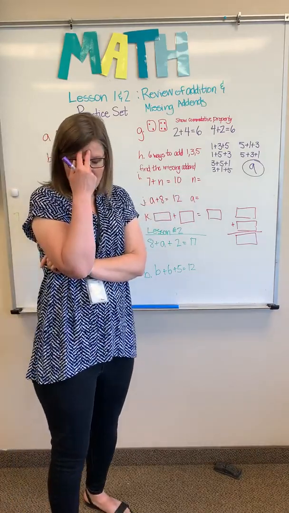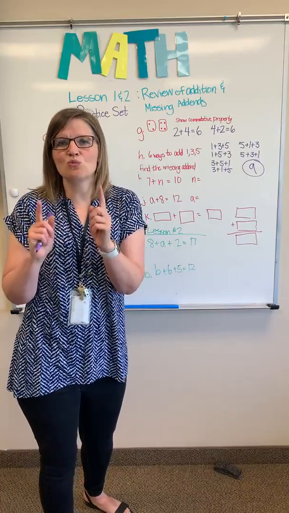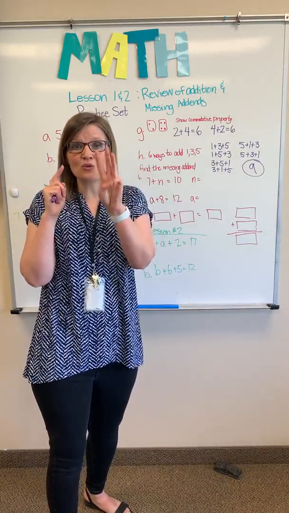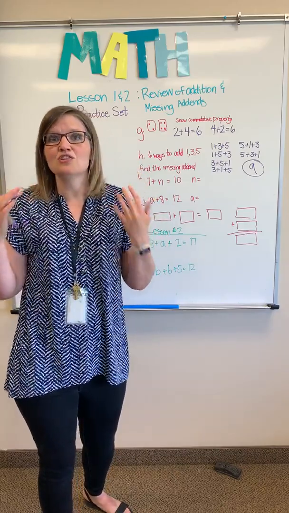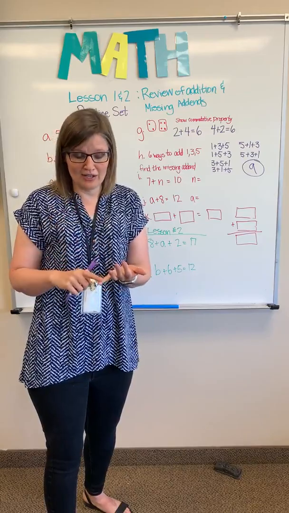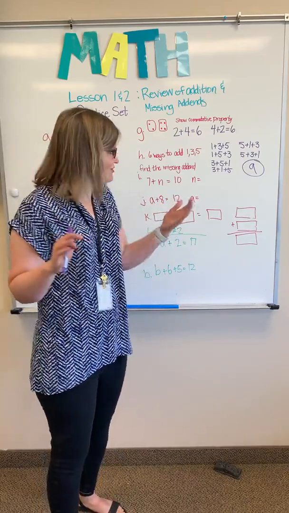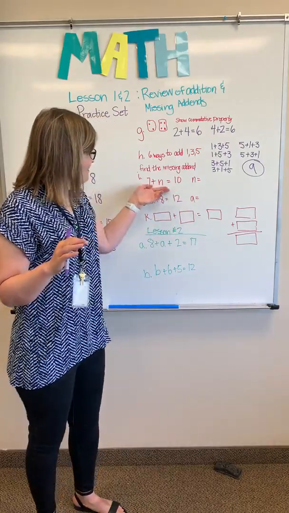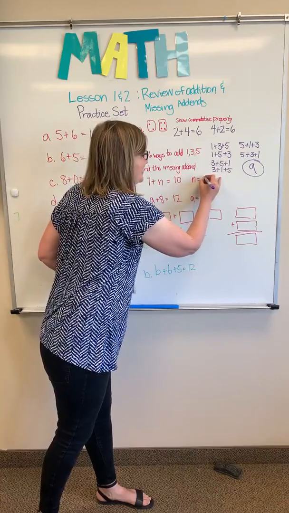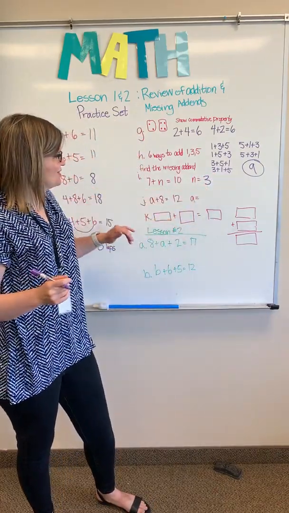Well, I know my math facts. I've been learning my math facts, and this is going to come really handy because I know that 7 plus 3 equals 10. This is why it's so important for you to know your addition and subtraction facts, because then you can solve these mysteries. So 7 plus n equals 10. We know then that n is going to be 3. I love a good mystery solved.